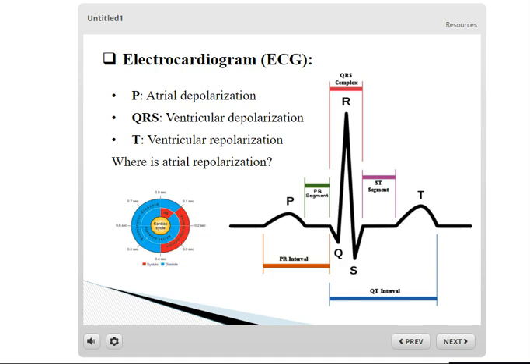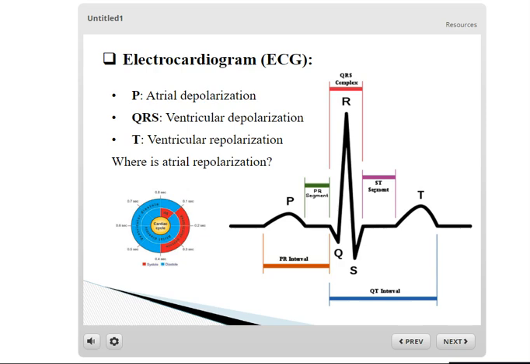The contraction is a mechanical activation of the heart, and the electrical activity of the heart happens before the mechanical activity. So the ECG shows the electrical events in the heart. P wave represents atrial depolarization, the QRS complex represents ventricular depolarization, and T wave represents ventricular repolarization.